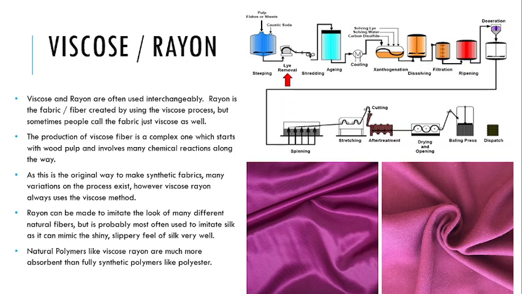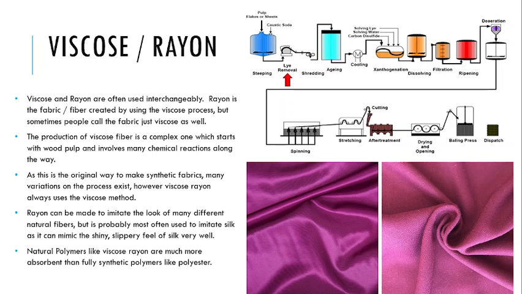Viscose and rayon are often used interchangeably, and sometimes side by side, specifying viscose rayon or rayon viscose. But rayon is typically used as the fabric or fiber created by using the viscose process. Again, which was one of the first processes that really was solidified to create commercially viable amounts of synthetic fibers.